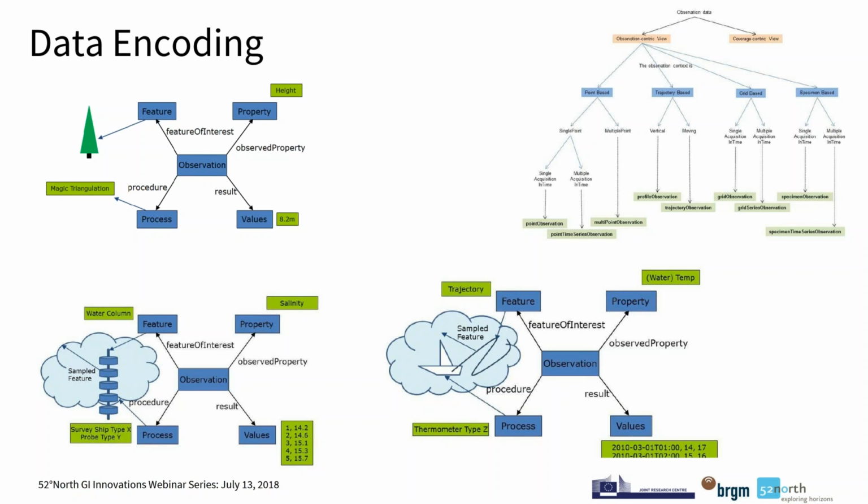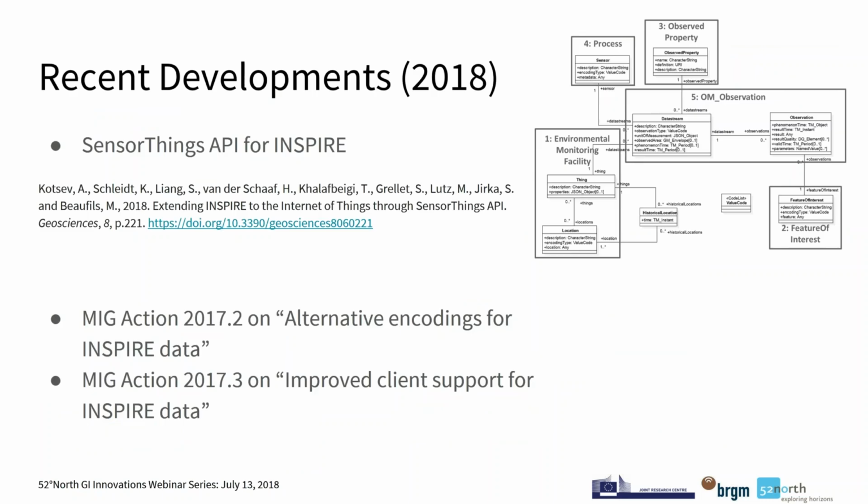There are opportunities for selecting a particular type of encoding that would make, let's say, the users happy. I think that, yes, the 52 North SOS solution supports these types of encodings, as well as the necessary operations of an Inspire download service. So I think Simon later on will elaborate on that topic a little bit more.